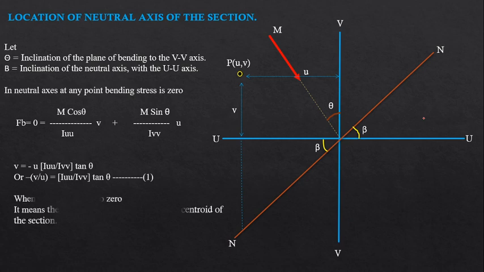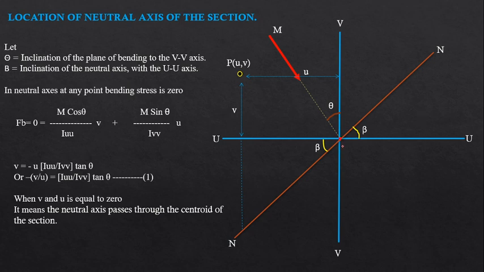From the geometry or from the figure, if V and U are equal to 0, there is no coordinate, which means the neutral axis passes through the centroidal axis at this point.